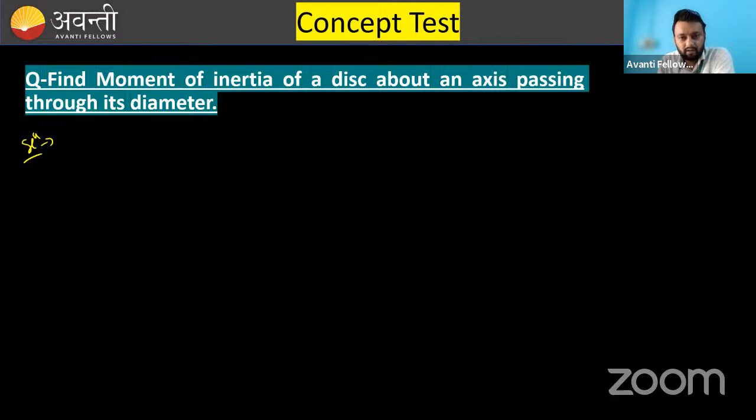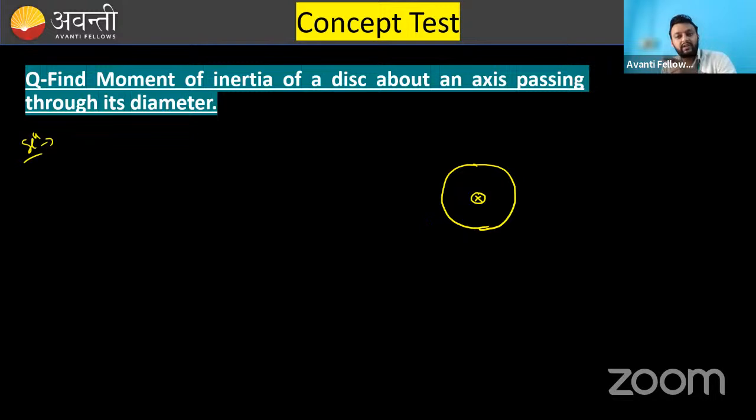Suppose this is a disk. The moment of inertia of the disk we have seen in the table about an axis passing through the center and perpendicular to its plane is known as MR squared by 2.